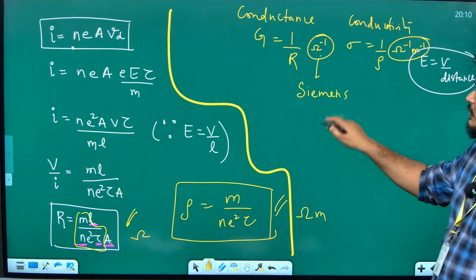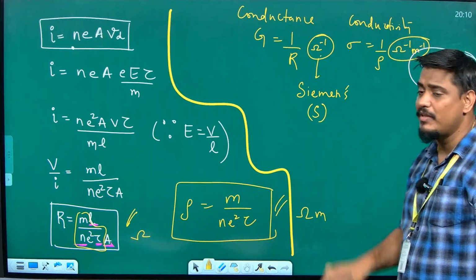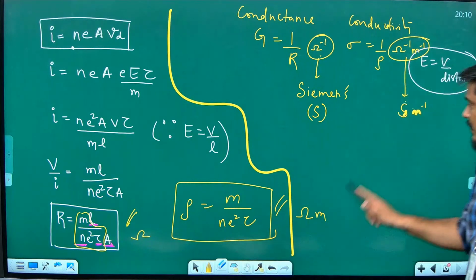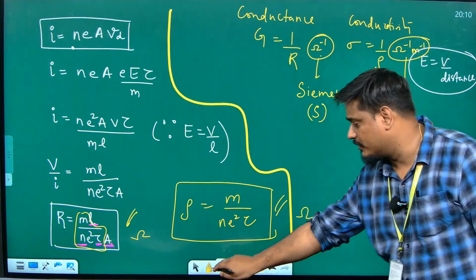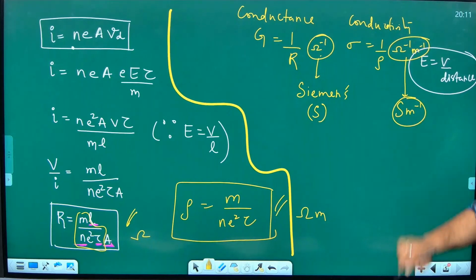So this will become S. Ohm inverse is also called S. And it will become Siemens meter inverse, isn't it? Because ohm inverse will become Siemens and this will be meter inverse. So it will become S m power minus 1. So these are the units.